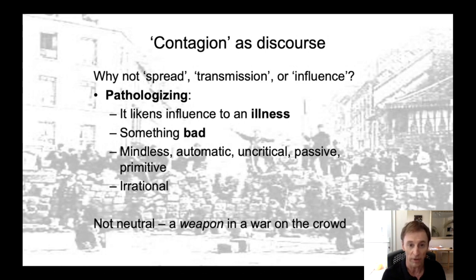They're seeking to pathologize the crowd by likening social behavior to an illness, implying that it's something bad and saying that it's mindless, it's automatic, doesn't require thinking, doesn't require critical thought. It's passive, it's primitive, it's irrational. So it's not a neutral term, and historically it has been a weapon in the war on the crowd.